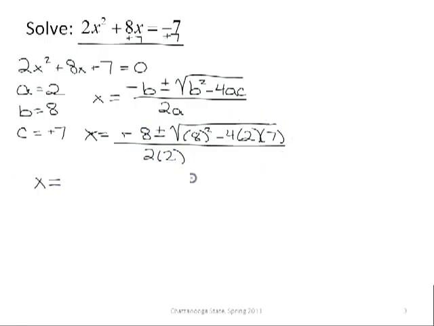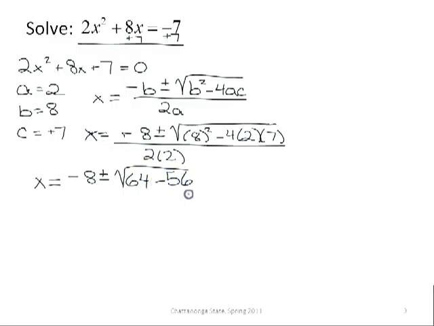So now I just have to simplify this. I need to do the work under the radical. So let's see, this would be -8 plus or minus the square root of 8 squared, which is 64. Then I have 4 times 2 times 7. So that's the same as 8 times 7, which is 56.